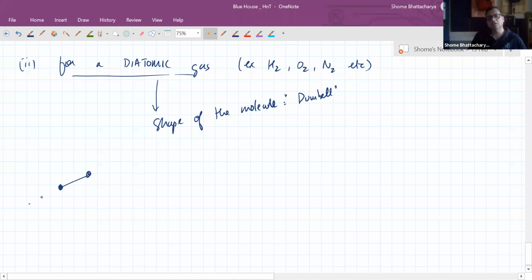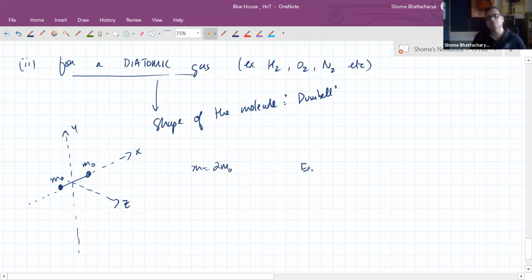So if you take the axis of that rod as your x-axis, or the axis of the bond as your x-axis, then you can see that for such a molecule, okay, the molecular mass is 2m. So let's write each atom's mass is m naught. So m is equal to 2m naught.